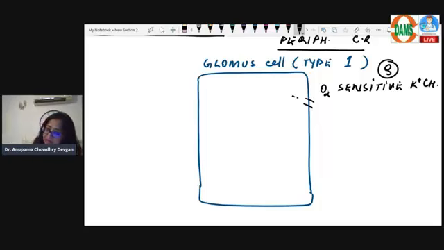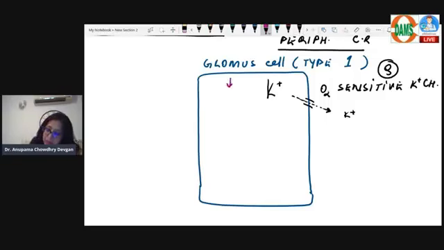Now, these channels are normally open at rest, and there is movement of potassium from inside to outside the cell. These are called oxygen sensitive potassium channels.